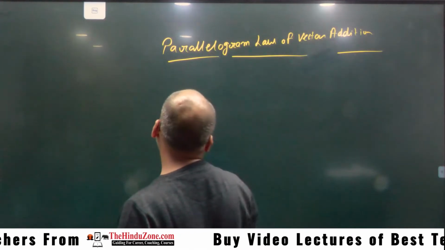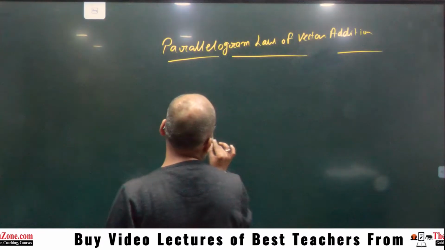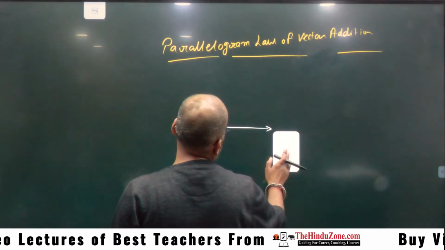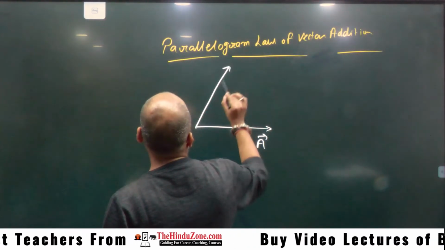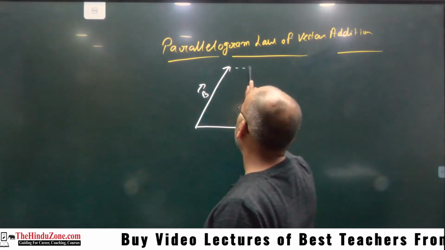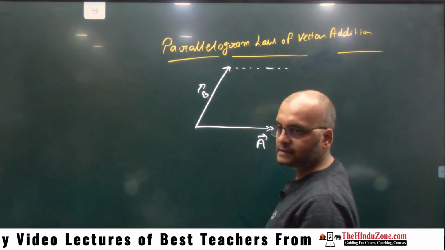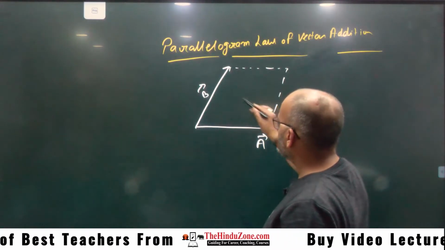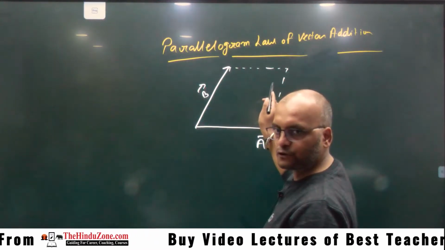Anyway, so the law is that if you have got two vectors, vector A and vector B, what I can do is draw a third side parallel to vector A, right? And I can draw a fourth side parallel to vector B. Now a parallelogram is formed, yes or no?